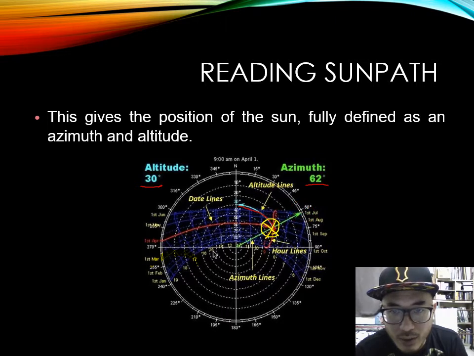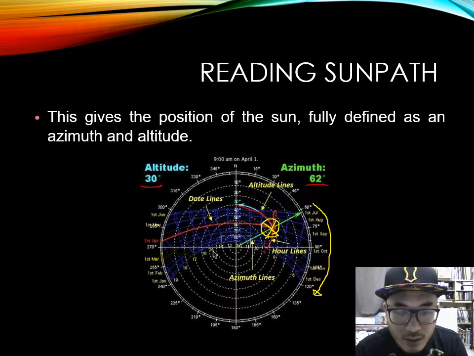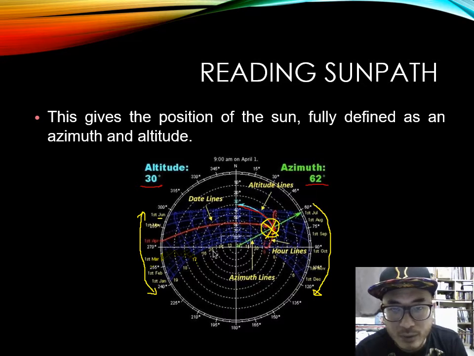We haven't finished yet, because what we need to know is the chart of the sun path. This is the diagram showing the time of the year that the sun is moving. From the top here is June, and it moves towards July, and then August is here, and then it goes to September, October, November, and December.